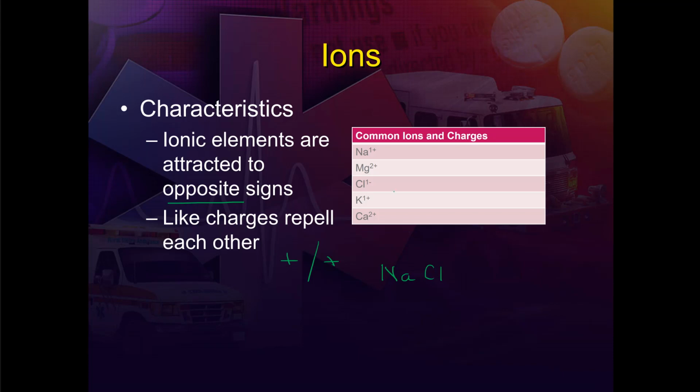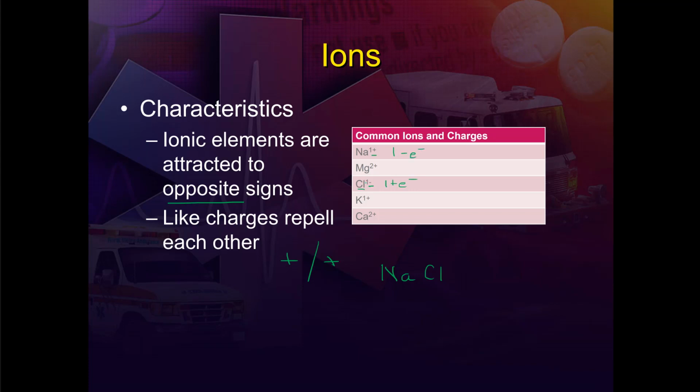And let's see what happened here. We can see that chloride has 1 negative charge and sodium has 1 positive. So that means the chlorine element has 1 more electron than sodium does. Sodium has 1 less electron.